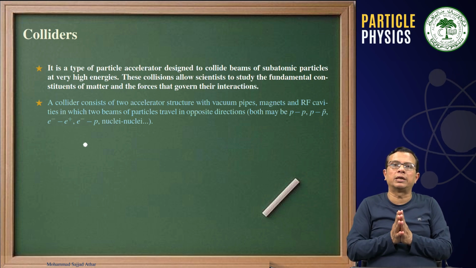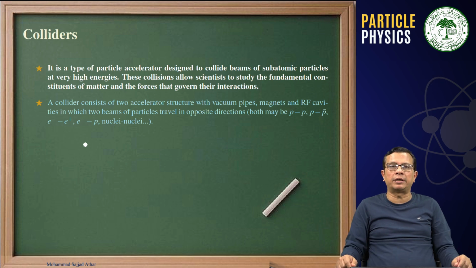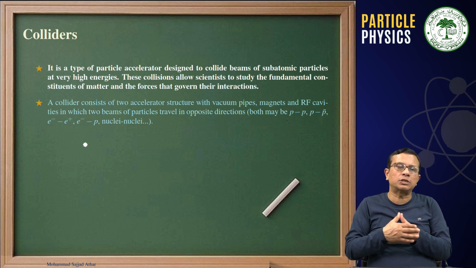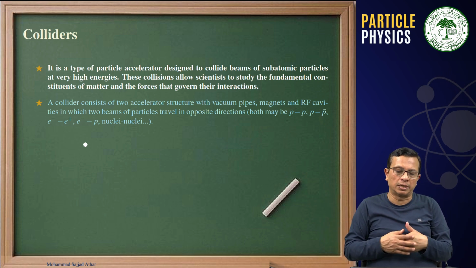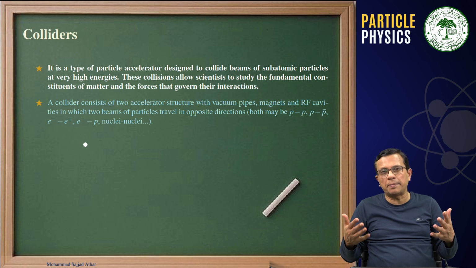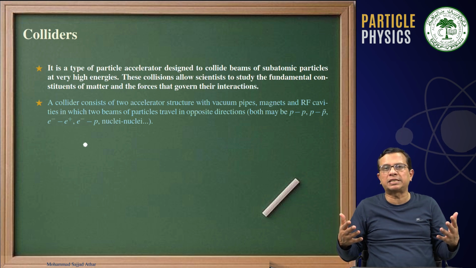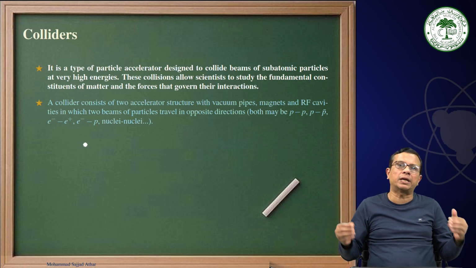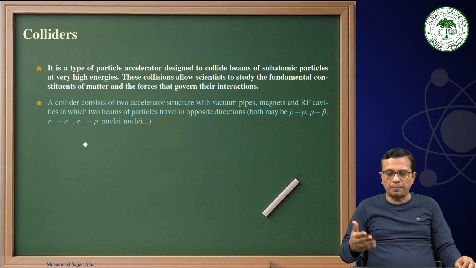Remember, when I was talking about the SLAC experiment which discovered J/psi, electrons and positrons were coming from the opposite direction. Therefore, these two particles can be of the same nature, or one can be a particle and another can be an antiparticle, and so on.